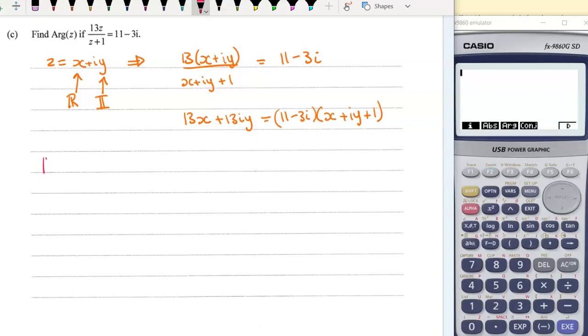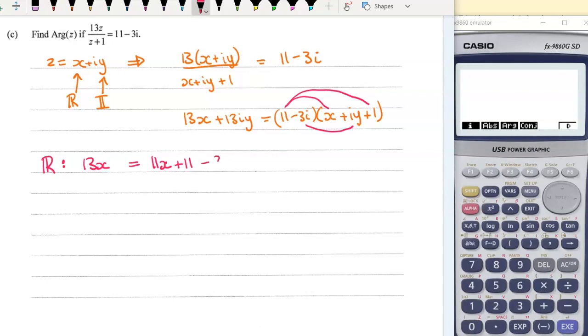So let's consider the real parts of this. On the left we have 13x for the real parts. On the right, to get real out of this, we would do 11 times x. We would have 11 times 1, and we can do minus 3i times iy.